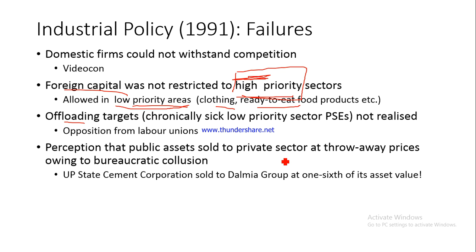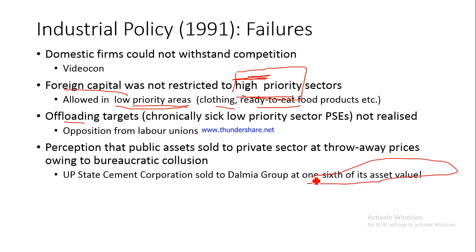There's a collusion between the prospective buyer and the bureaucrats who have the authority to decide which buyer to pick and at what price to sell the public sector asset. Because of this collusion, the assets were sold at throwaway prices to private sector enterprises. One example is the UP State Cement Corporation, a state PSU. It was sold to the Dalmia Group at 1/6 of its asset value.